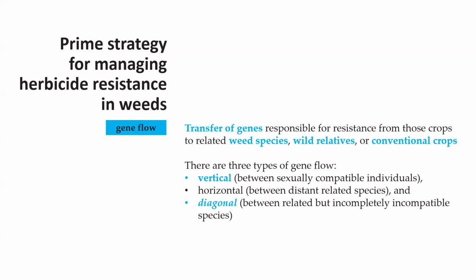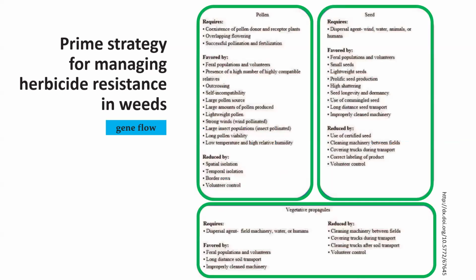The horizontal is between distantly related species, which is rare, and the diagonal is between related but not fully compatible species.